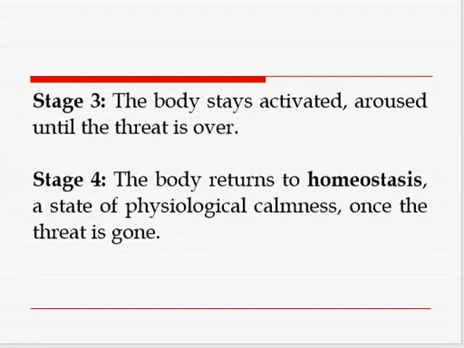And the moment the threat is over, then the body relaxes. That goes to stage 4. But the moment the body is unable to find the needed resources to deal with a threat, that breaks down the body. It carries the individual state to a different level. That makes the individual behave differently.